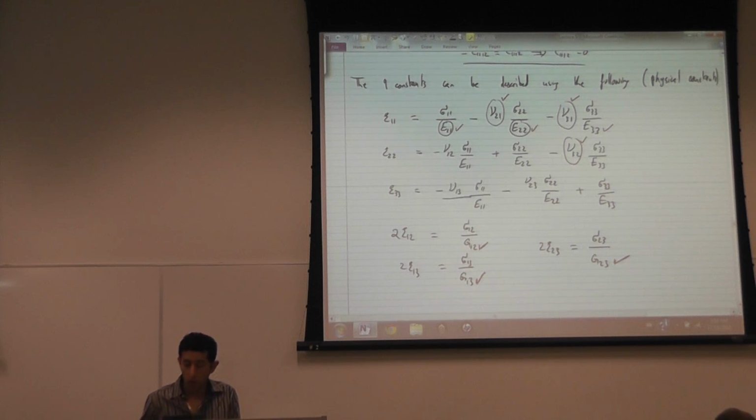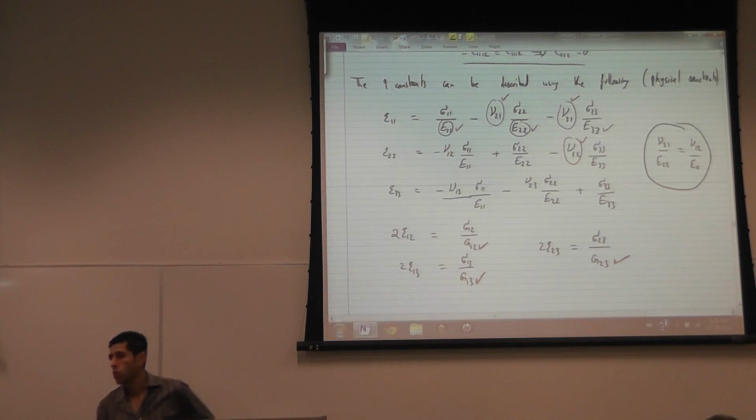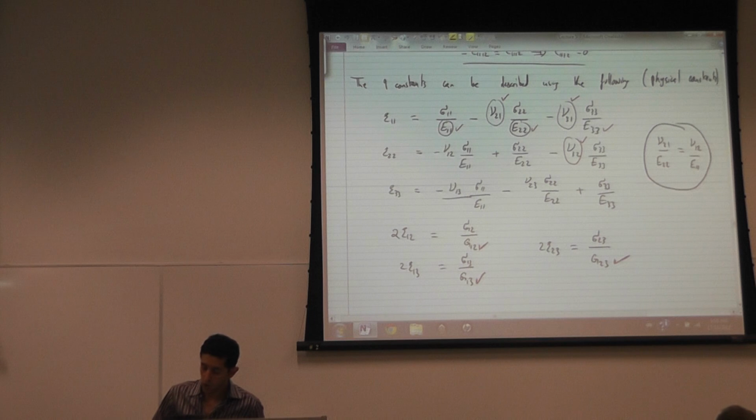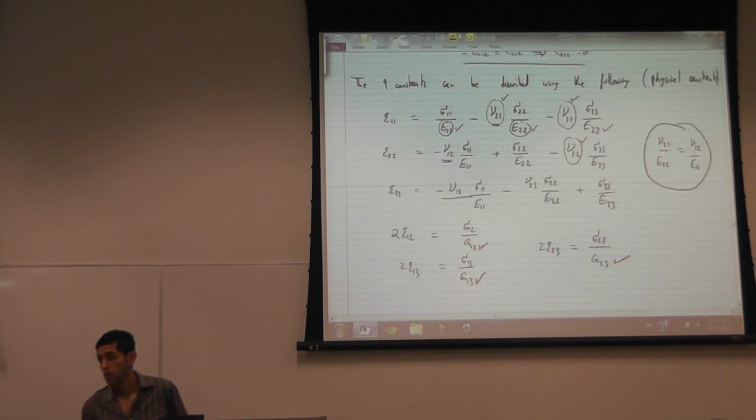And the last 3 Poisson's ratios can be calculated from the symmetry of the matrix, because the symmetry of the matrix means that Poisson's ratio 2,1 over E22 has to be equal to Poisson's ratio 1,2 over E11. Of course, you have to be very careful when you input the materials into the software, because I don't remember whether Abaqus, for example, asks for this one or that one. It asks for one and it calculates the other.